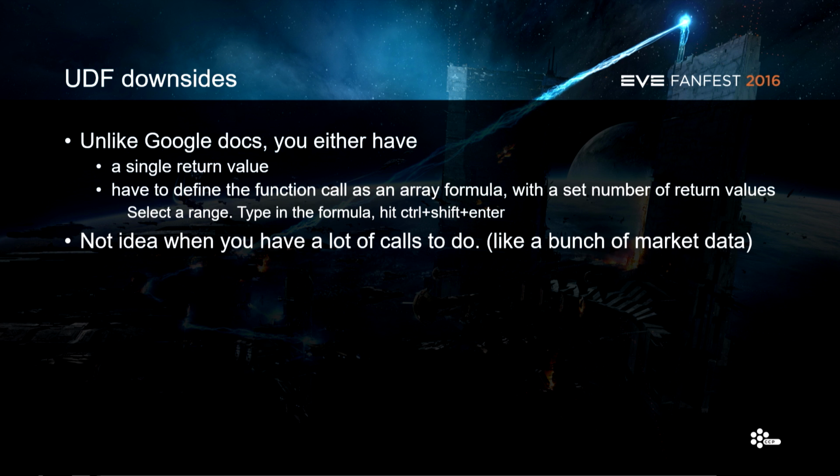So if you might get 20 results back, you have to select something that's 20 in size. You can't just put one in and then it will fill in all the other bits that you need. That's one of the downsides compared to doing this through Google Docs, where it will automatically fill in all the data. There are benefits and drawbacks to that because it cannot overwrite any data that you've put into the sheet. It's just into the areas that you've explicitly told.